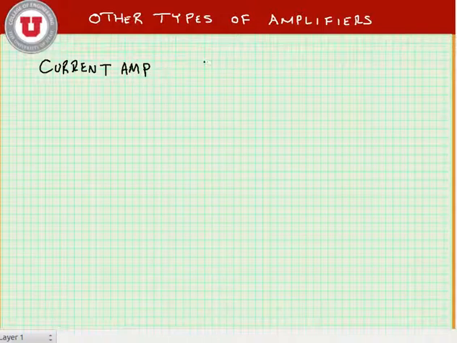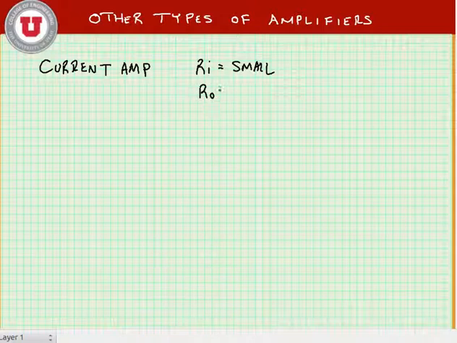So for a current amplifier, in order to avoid current divisions at the input of the amplifier, we'd like the input resistance to be small. At the output of the amplifier, we're trying to output a current, and so we want our output to look like a current source. So remember, our ideal current source has a large impedance, so we'd like our output in this case to be large.